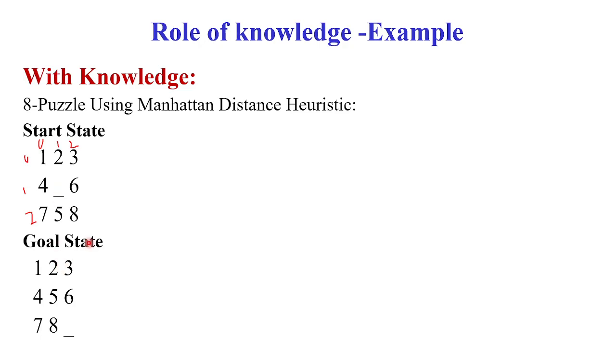So 5 is currently sitting at row 2, column 1, that is 2, comma 1. In the goal, it is sitting at 1, comma 1. So tile 5 needs to move.